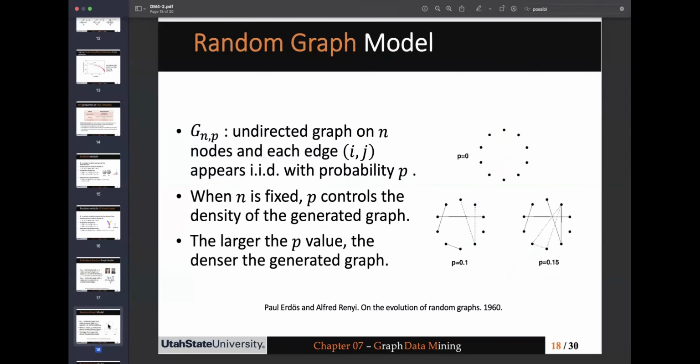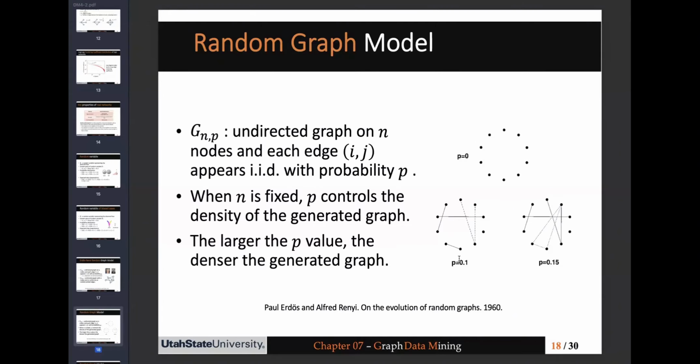Okay, so now the next slide, here slide 18, tells us what's the role of the probability p, or the p parameter in this case. So we all know by now that p controls how dense the graph is, right? You could see with p equal to 0, which simply means that we have 0 chance of getting any edges in between the nodes of my graph in this case. So if p is very small, close to 0, the edges are rare and the graph is quite sparse, right?